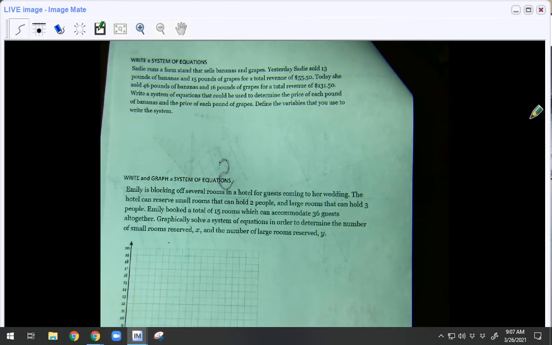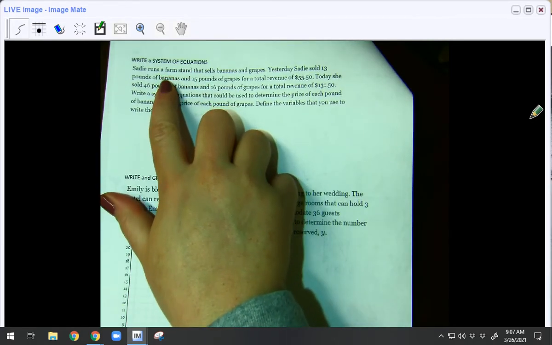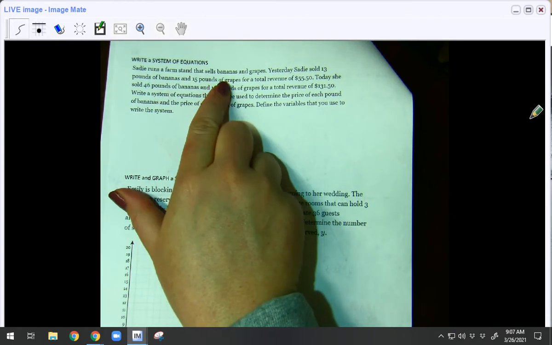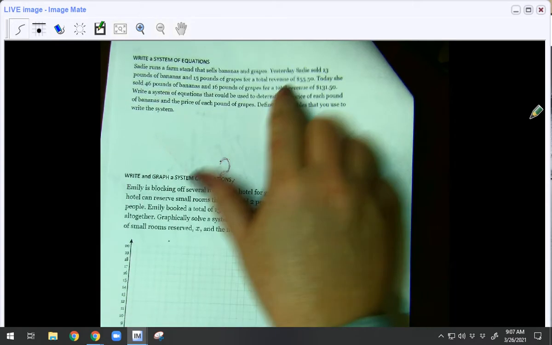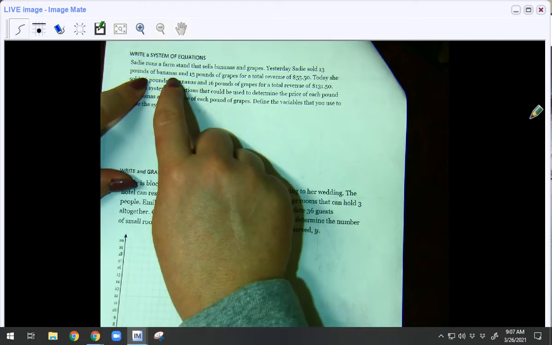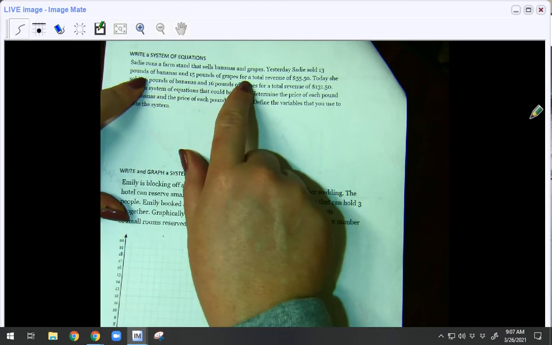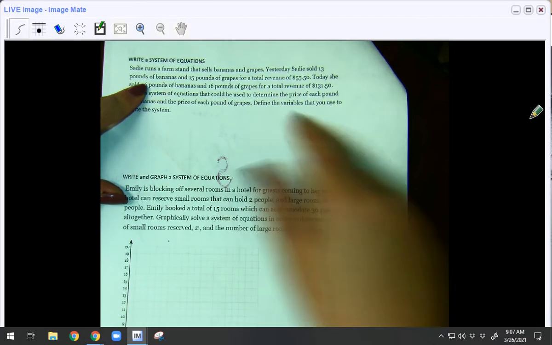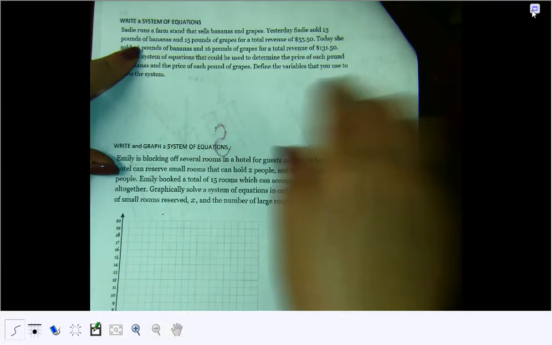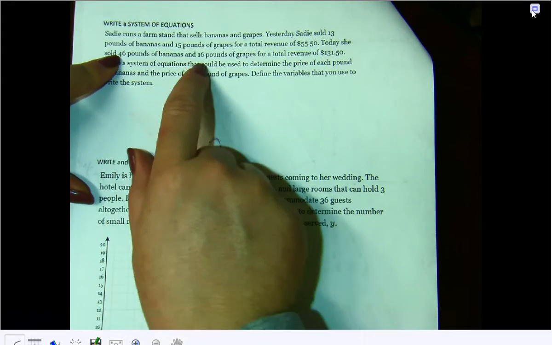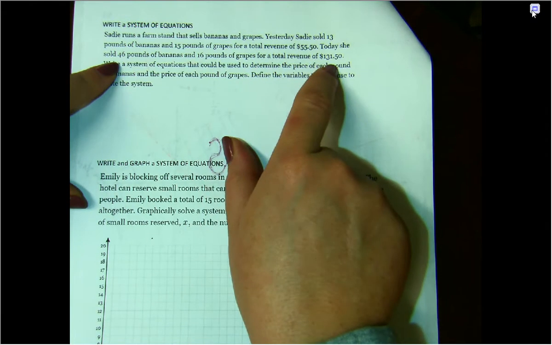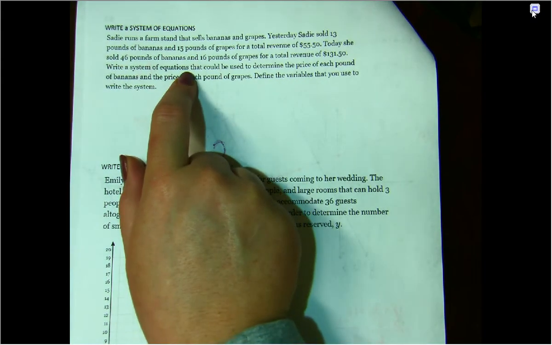Okay, so next question. Sadie runs a small farm stand that sells bananas and grapes. Yesterday, Sadie sold 13 pounds of bananas and 15 pounds of grapes for a total revenue of $55.50. And today she sold 46 pounds of bananas and 16 pounds of grapes for a total revenue of $131.50.